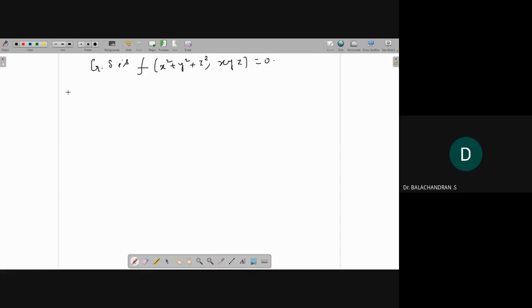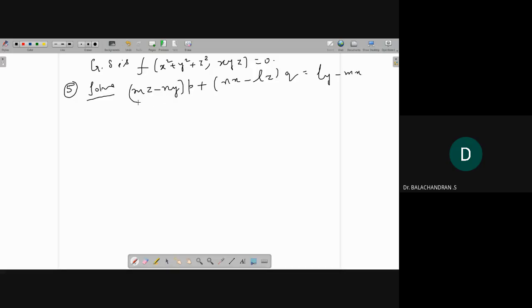Okay. Next, problem number 5. Solve (mz minus ny) into p plus (nx minus lz) into q equal to ly minus mx.